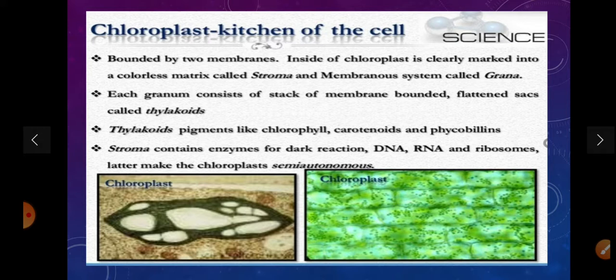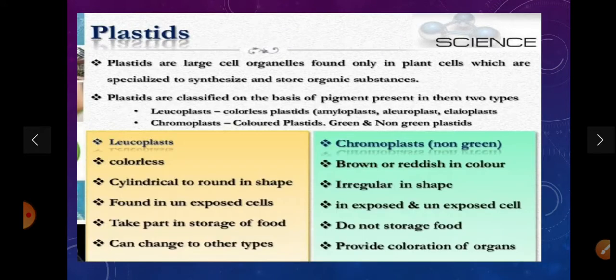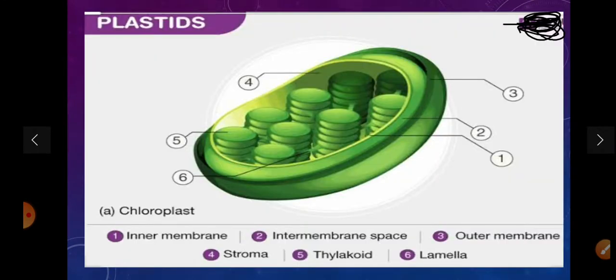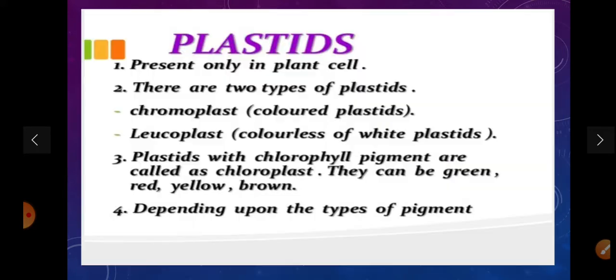Stroma contains enzymes for dark reaction. DNA, RNA, and ribosomes make the chloroplast semi-autonomous. And this diagram is well seen here: stroma, thylakoid, inner membrane.